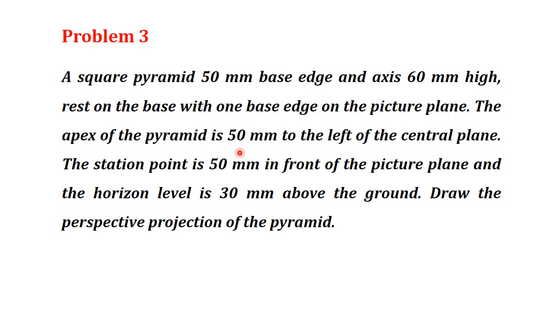The apex of the pyramid is 50 mm to the left of the center plane. This sentence is a tricky sentence. Just remember. The station point is 50 mm in front of the picture plane and the horizon level is 30 mm above the ground. That means the observer's height from the ground plane is 30 mm. Draw the perspective projection of the pyramid.